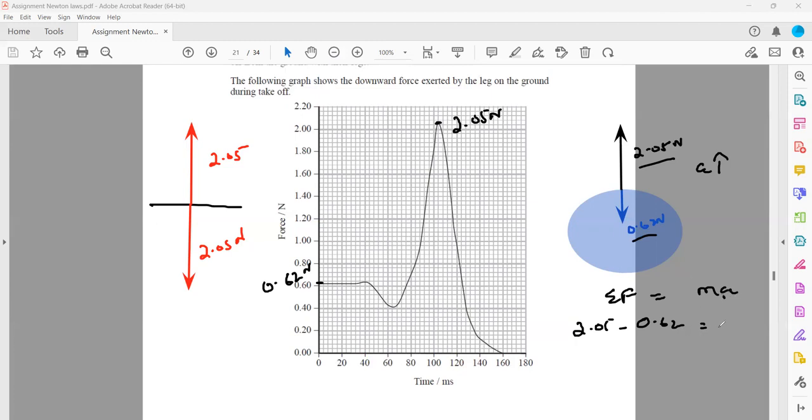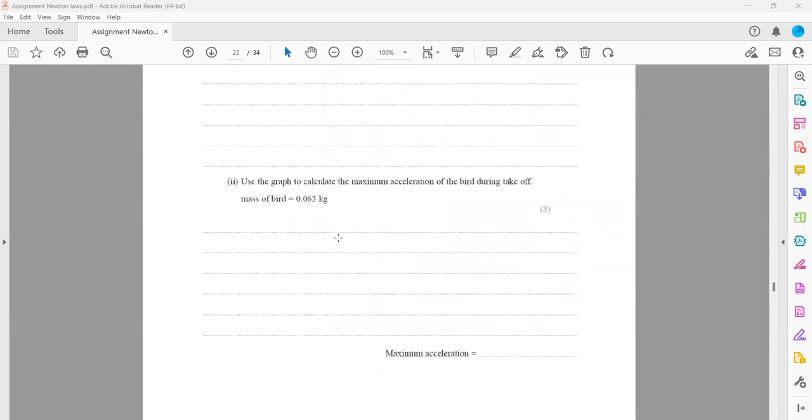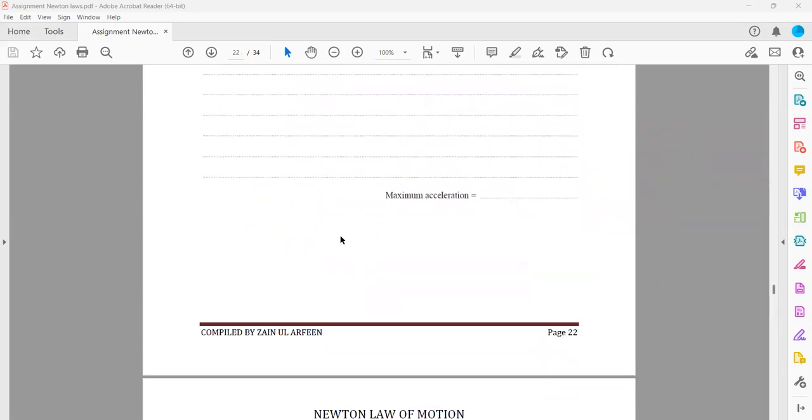The mass of the bird was given as 0.063, and we can work out its acceleration. So it will be 2.05 minus 0.62 divided by 0.063. That will be the acceleration of the bird, or the maximum acceleration of the bird.